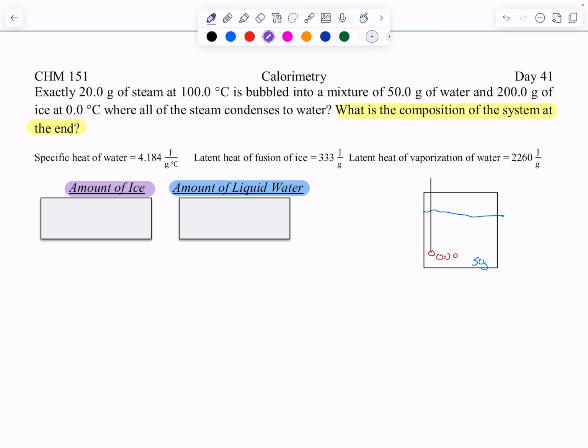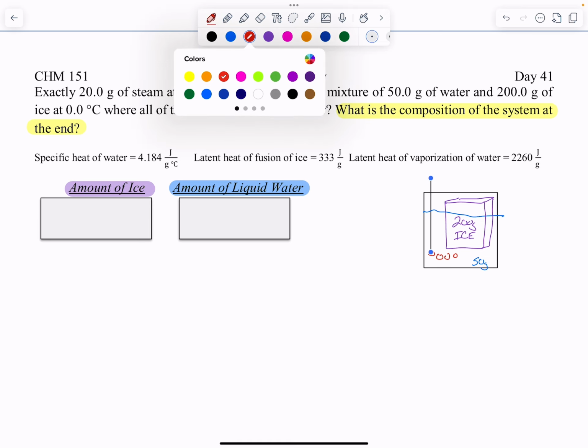And I have a lot more ice, right? 200 grams of ice. So big ice cube. So what's going on? So I got 50 grams of steam coming in.